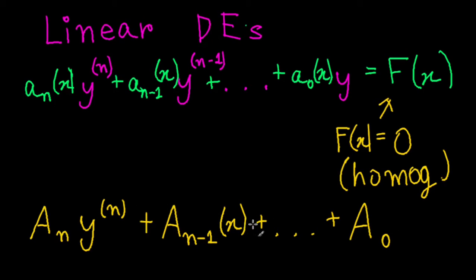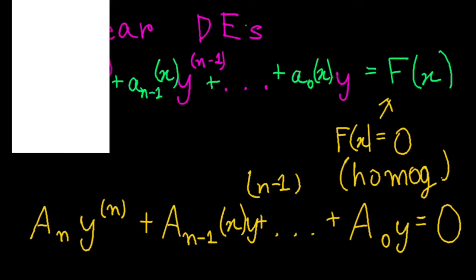Then you have, did I forget the n minus 1 derivative here? So the n minus 1 derivative, this is y, and all of this is equal to 0. The right side must be 0. There can be no standalone constant here. So this was a linear homogeneous differential equation with constant coefficients.